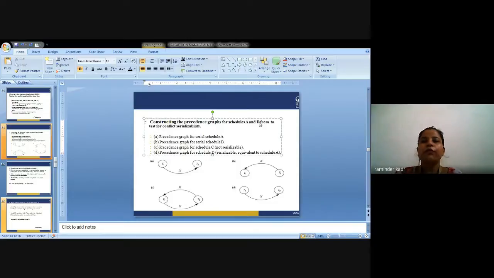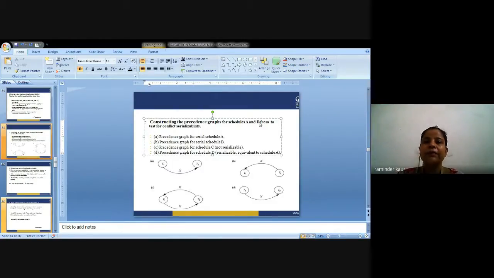Constructing the precedence graph for schedules A to D to test for conflict serializability. First is the precedence graph for serial schedule A. A has two transactions taking place, T1 to T2 via object X. Next is T2 to T1 via object X in B. That is also a serial schedule.